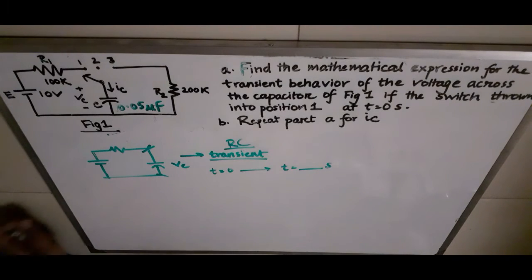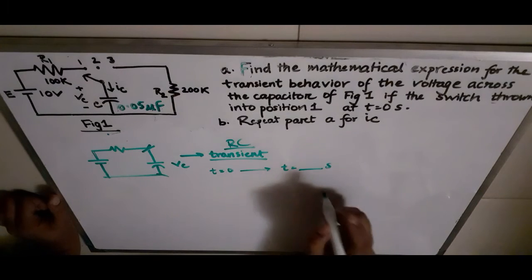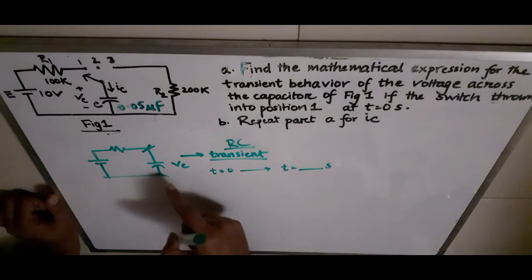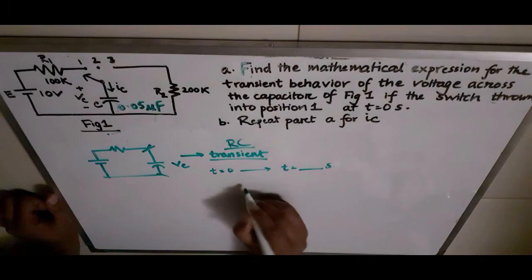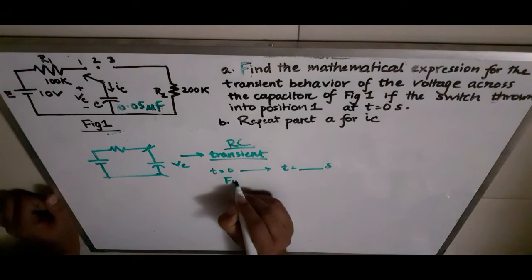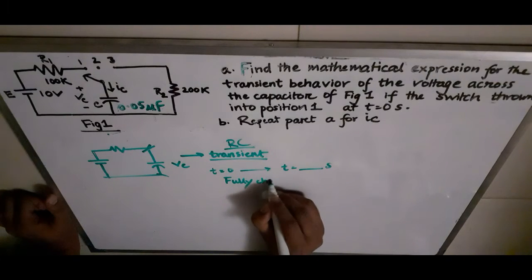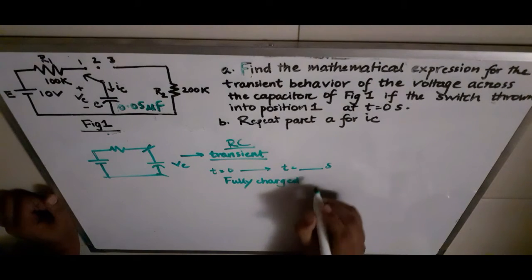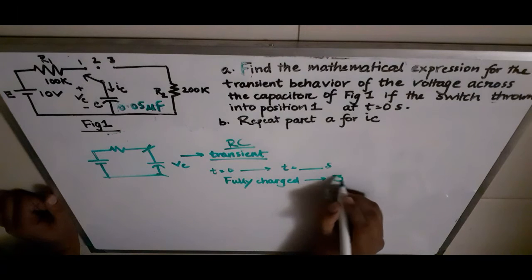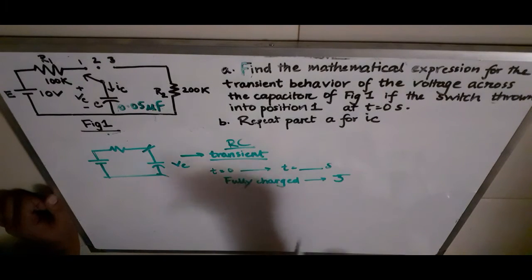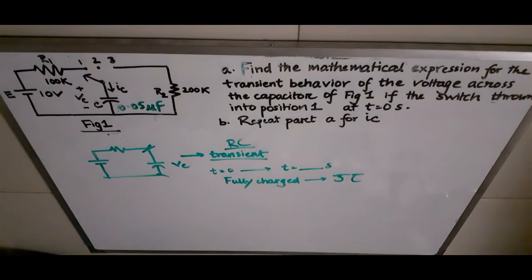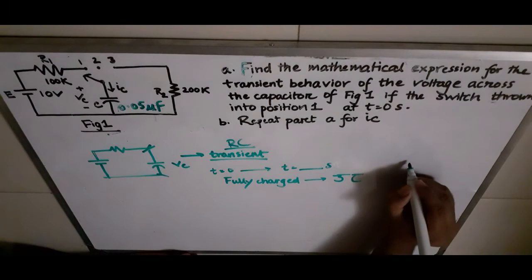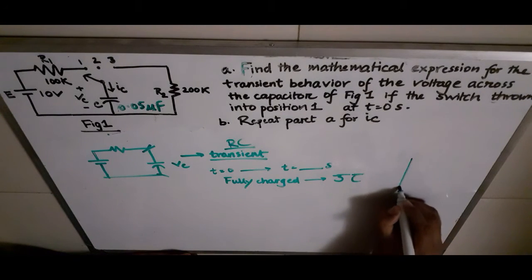What I'm trying to tell is, you need to remember that the capacitor will be fully charged after 5 time constants. 5 time constants is denoted with tau, 5 tau. So after 5 tau the capacitor will be fully charged and the graph will look like this.